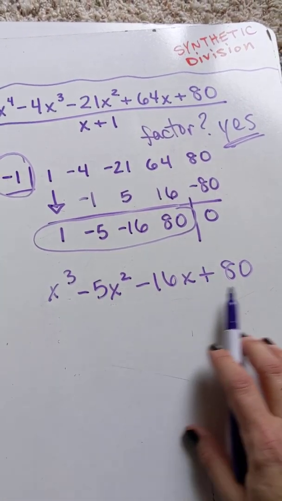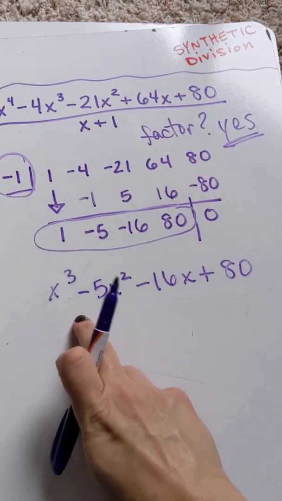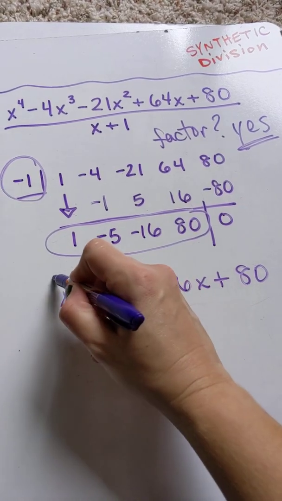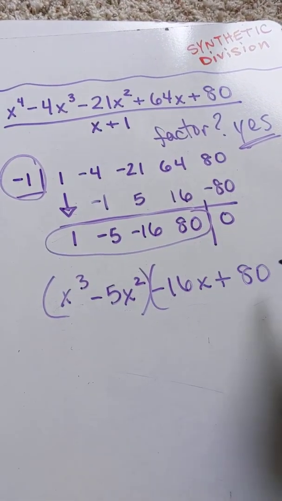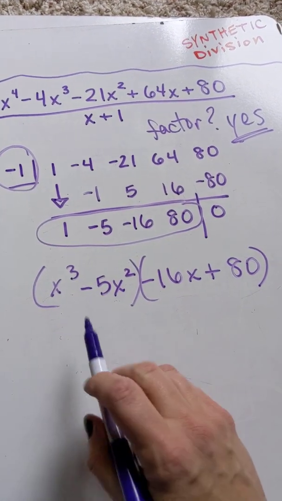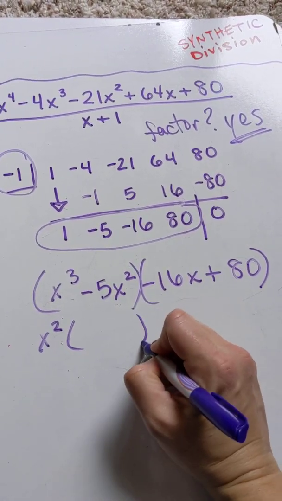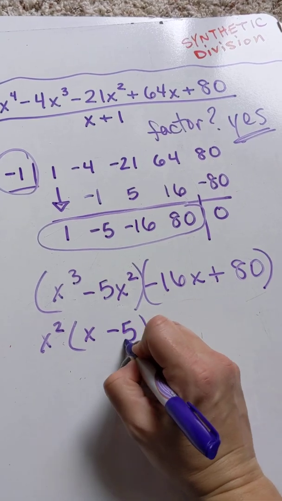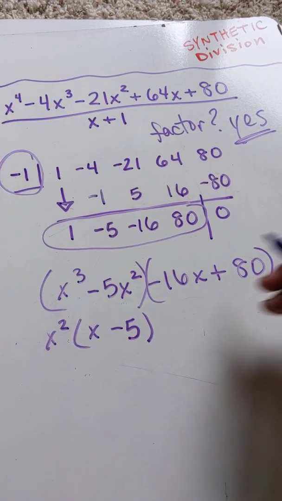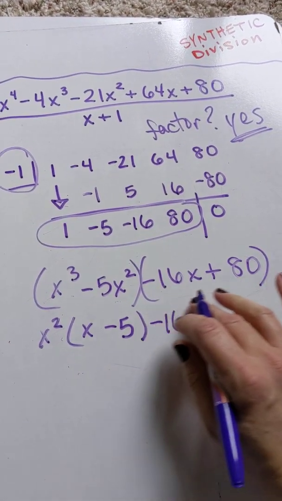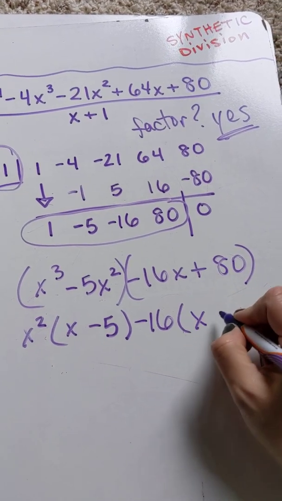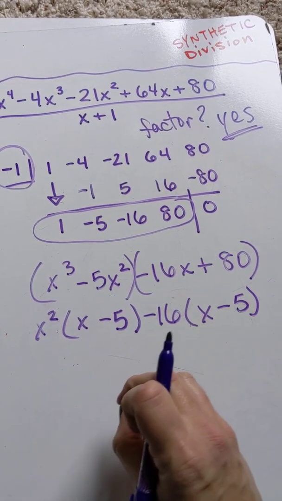Now, whenever you have x to the third, and there's 4 terms, we typically factor by grouping. Remember here, I would take out an x squared. That would leave x minus 5. Then factor out a -16, and that would also leave x minus 5. Combine this together.